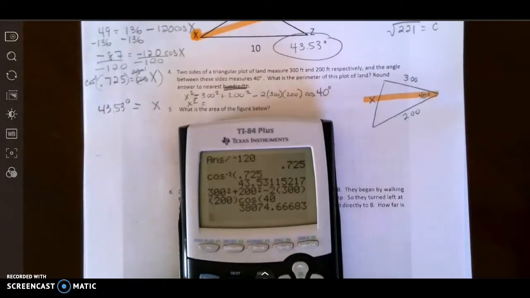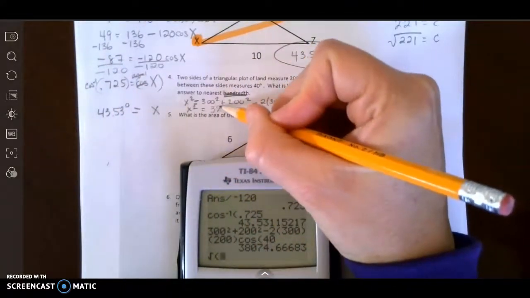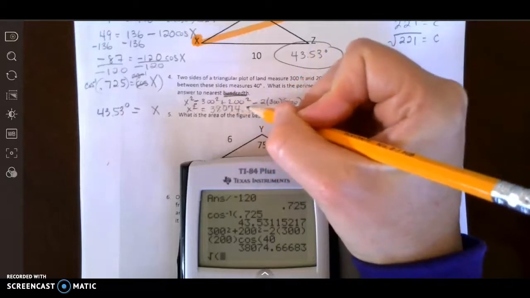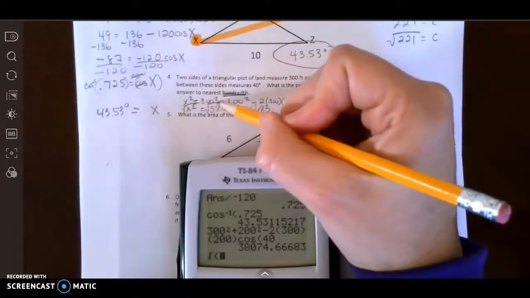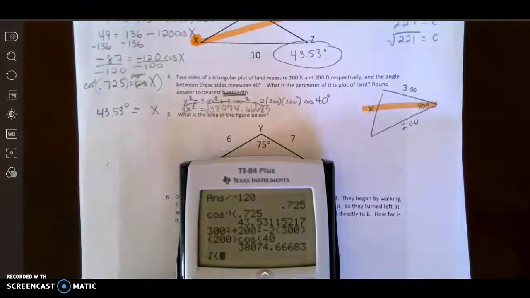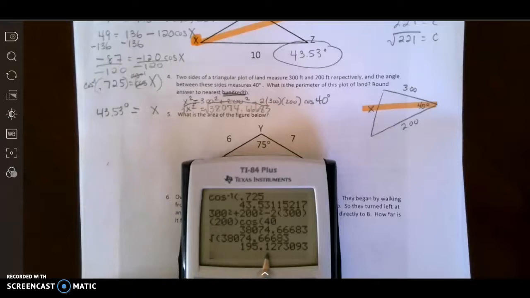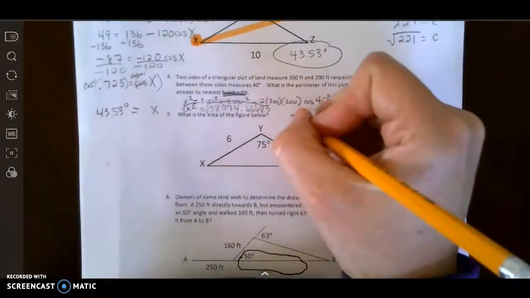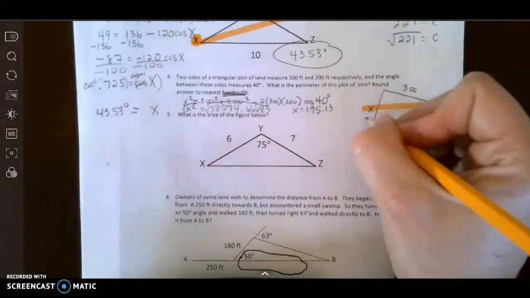And then I'm going to take the square root of that. I guess I should write that down just so I have it here. Now I take the square root of each side, and I get 195.13. So that is the length of this side.